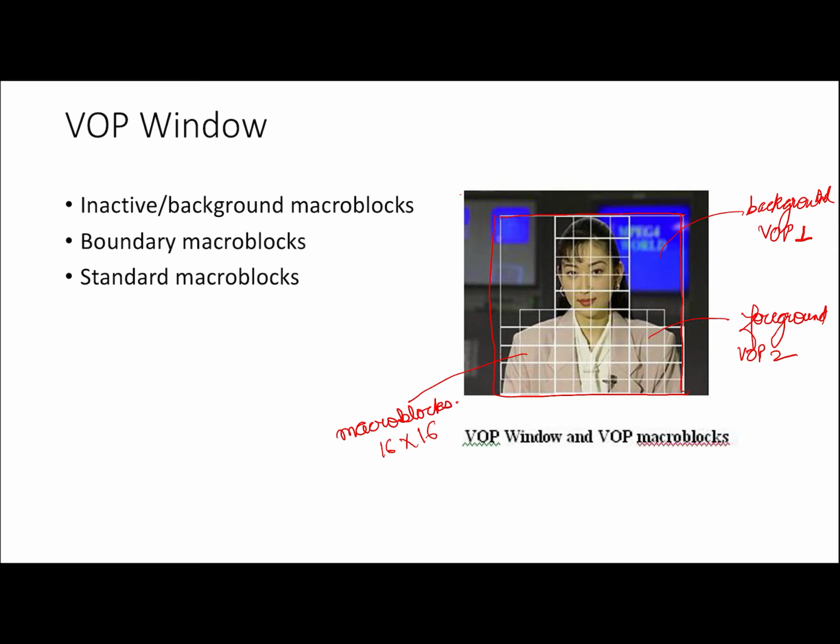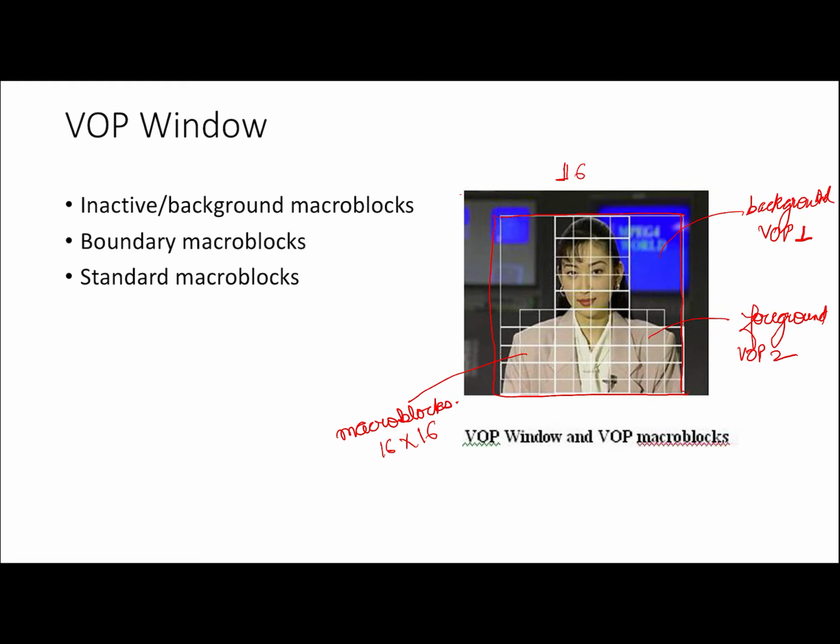Now both horizontal and vertical dimensions of the bounding box must be multiples of 16 if we consider luminance images. But it may not always be possible, so therefore the box is usually slightly larger than the conventional bounding box.